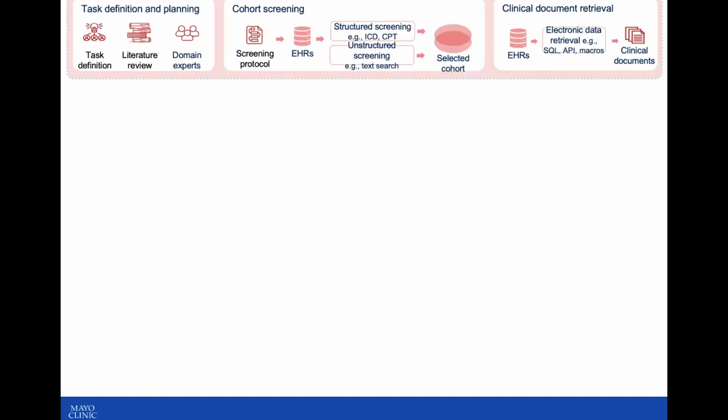Looping back to the previous development process, we can now start to develop standardized processes and best practices for EHR-based clinical research assisted by NLP. This figure is an enriched version compared with the previous figure that emphasized what Elham mentioned, the importance of team science collaboration, detailed definition of the inclusion and exclusion eligibility criteria, and performing a standardized clinical document retrieval process.